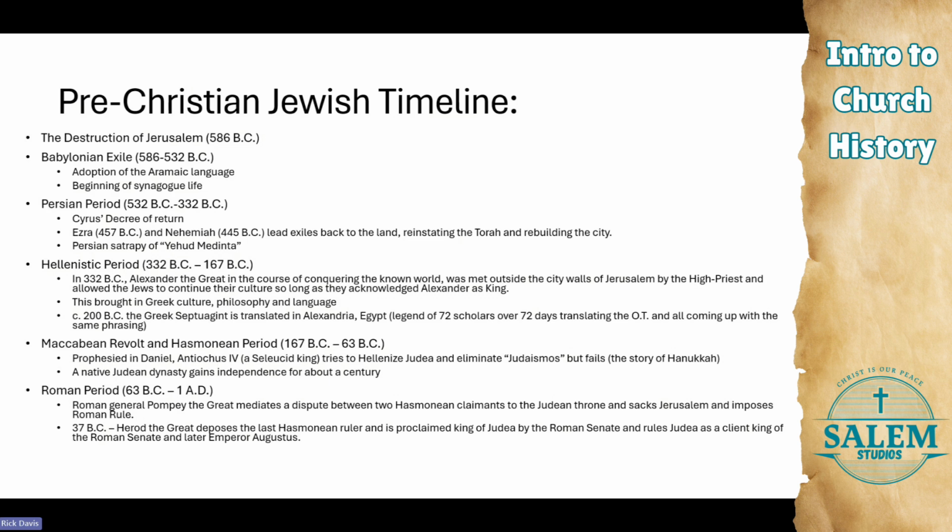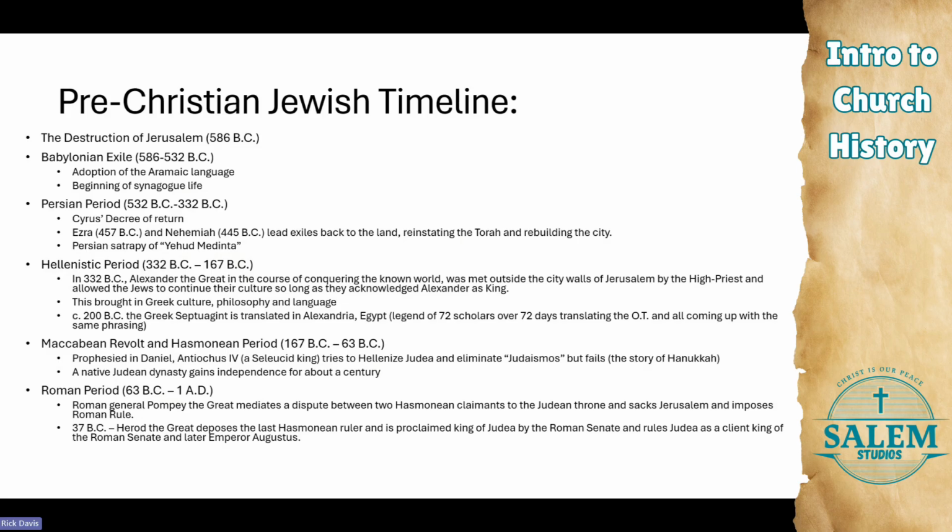But one of the really significant events, and this will be repeated throughout our church history study, is that the Old Testament is translated from Hebrew into Greek during the Hellenistic period. And so around the year 200 BC, there was a very large Jewish community that lived in Alexandria, Egypt.